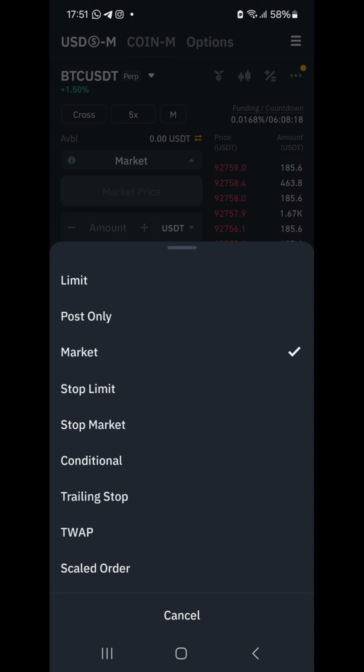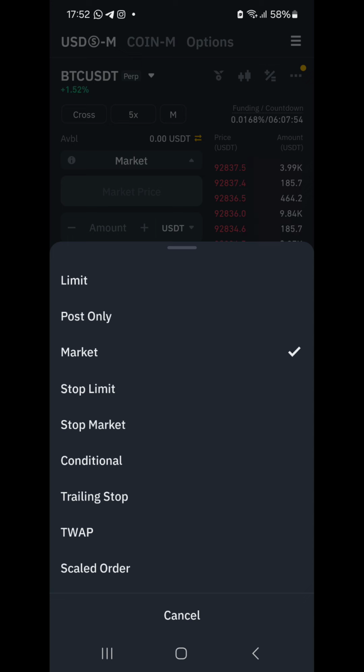Now let's move to the stop market. So we are now at the stop market order. Let's look at the definition: a stop market order becomes a market order once the stop price is triggered. We will look at this in practice, don't worry.